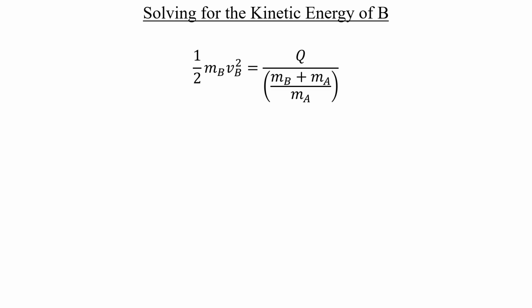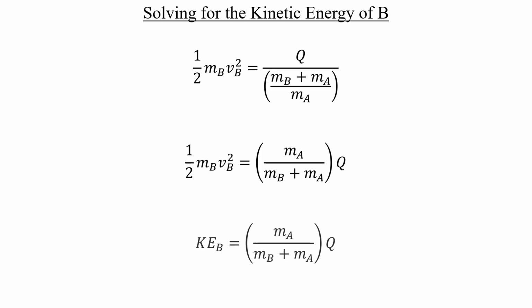And remember, when you divide by a fraction, it's the same thing as multiplying by the reciprocal of that fraction. So the form of our kinetic energy of B will look like this. And we can even rewrite the left-hand side so that it's clear what we're referencing here. And now we have 1/2 of part A complete.